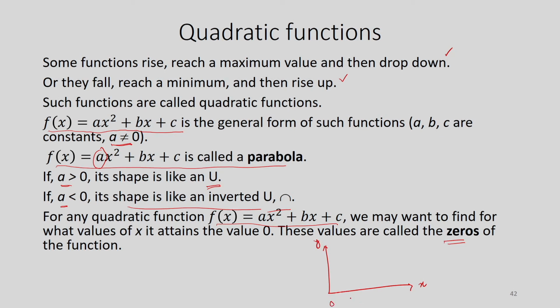Suppose the function is like this. Okay. So, at 2 points this function is taking the value 0, the points of intersection with the x axis. Suppose this is x 1 and this is x 2. So, in this particular example, x 1 and x 2 will be called the zeros of this particular function.